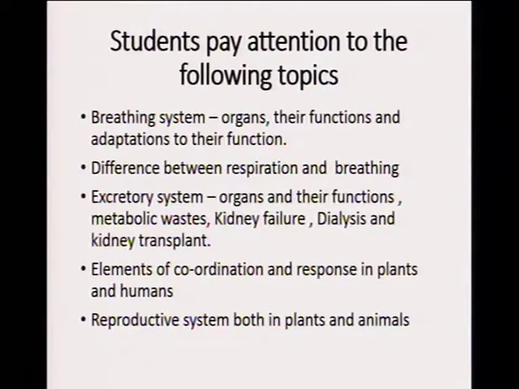Now, the organs that make up the excretory system, pay attention to the kidneys. Pay attention also to the different tubes that are associated with the kidney, such as the urethra, the renal artery, the renal vein, as well as the bladder and the ureter.